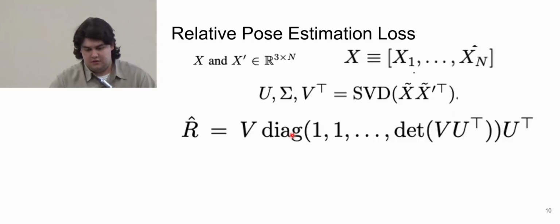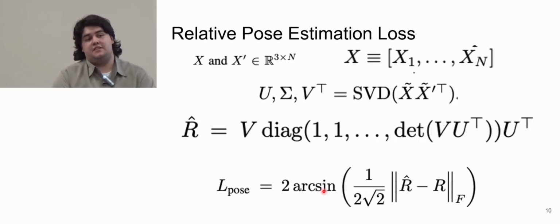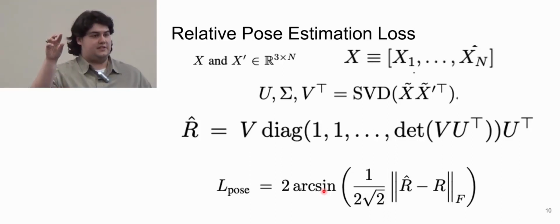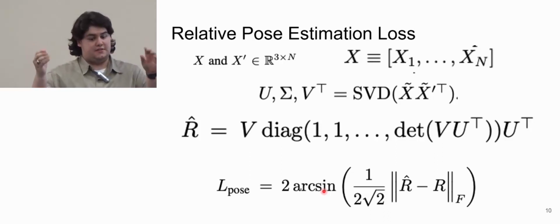So it follows then that we'll be comparing it with the ground truth rotation right here. We will apply a Frobenius norm, and we'll put it in through here, and we have this arcsine function which will effectively get the value into an angle measurement, such that that will be the angle in between where the ground truth matrix lies and where the calculated rotation lies.